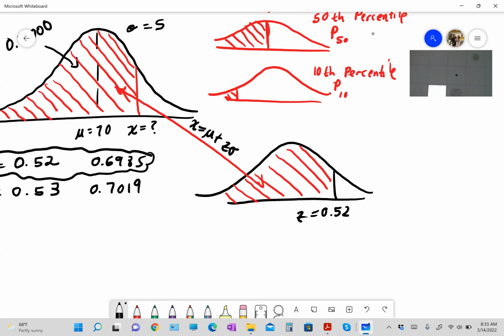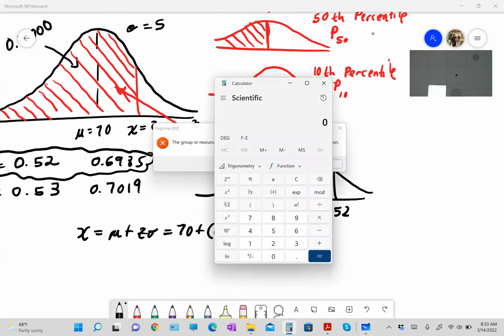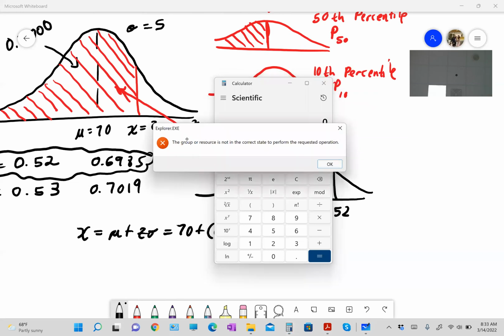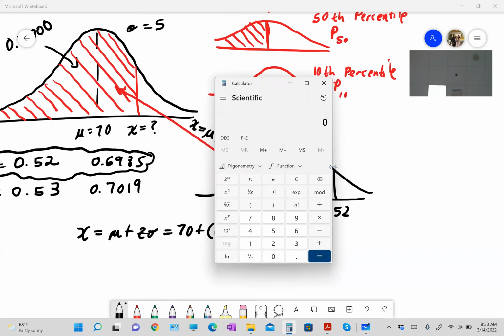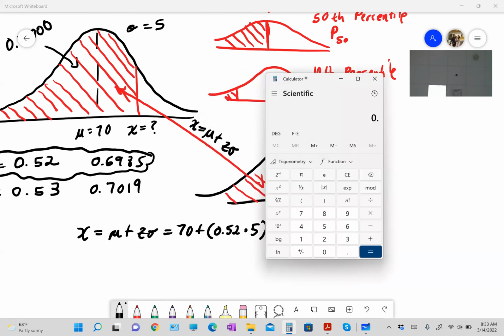So let's apply it. x equals mu plus z sigma, which is 70 plus 0.52 times the standard deviation, 5. So 0.52 times 5, and then add 70.